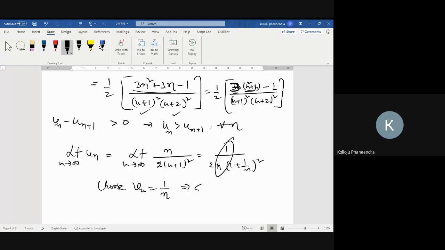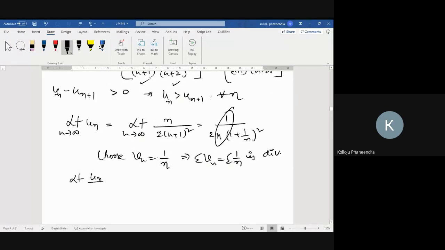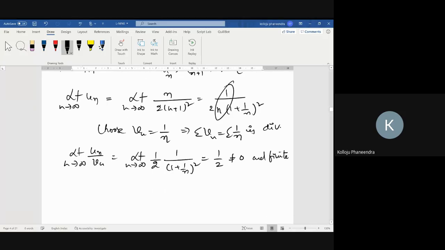That means sigma Vn equal to sigma 1 by n is divergent. Now apply limit comparison test. Un over Vn equal to limit as n tends to infinity 1 by 2 of 1 by (1 plus 1 by n) whole square. This is 1 over 2, not equal to 0 and finite.